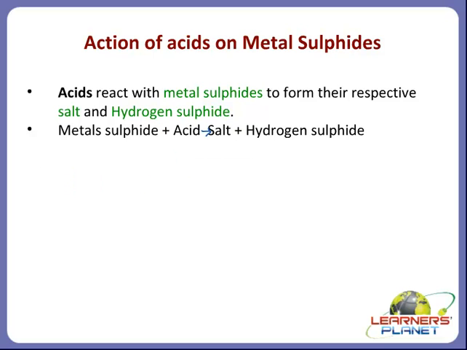Okay, students? Now what is this here is again a sulfide ion. The formula of sulfide ion is S2 minus. So when I am saying metal sulfide, if I'm taking a metal sodium, what will be the metal sulfide?